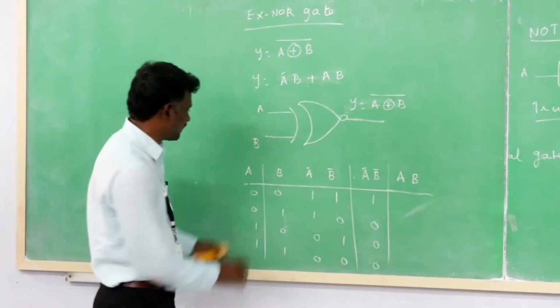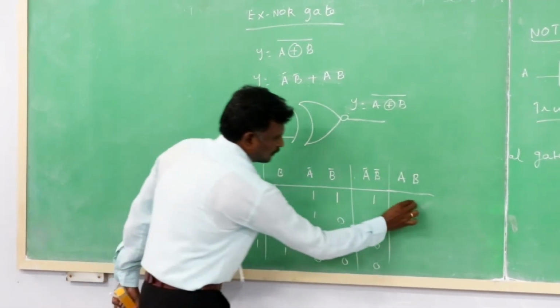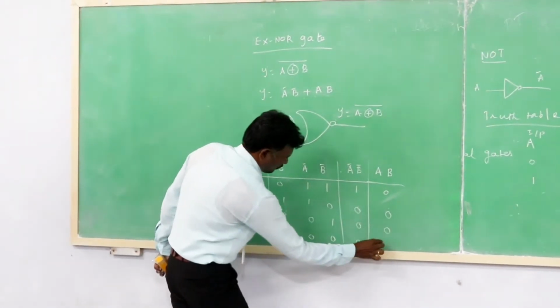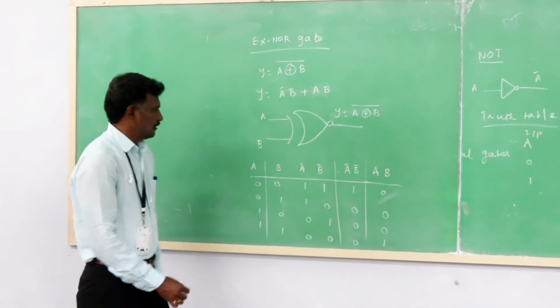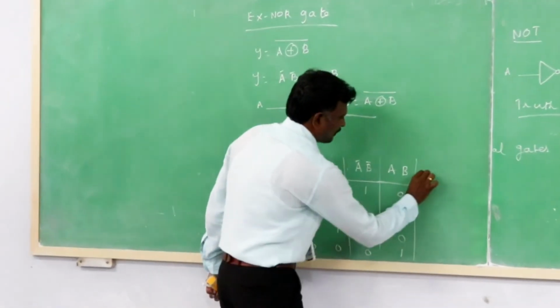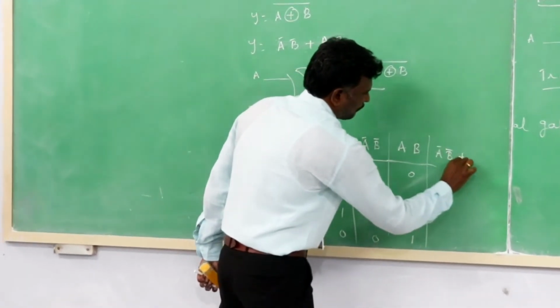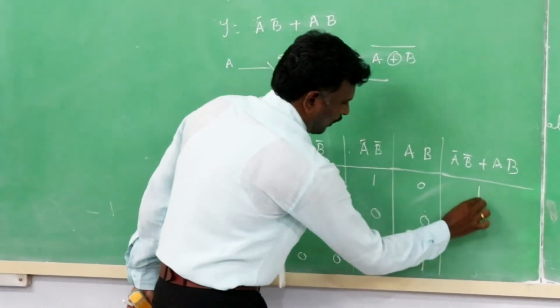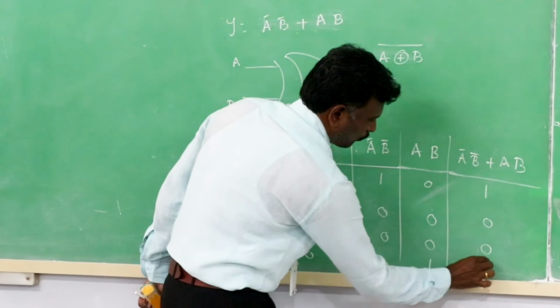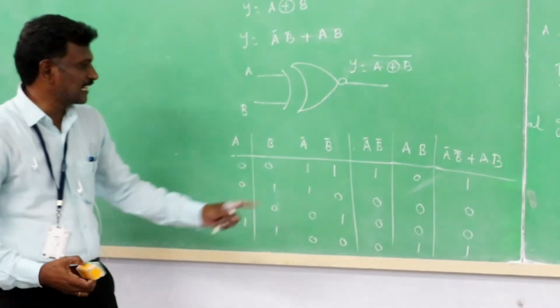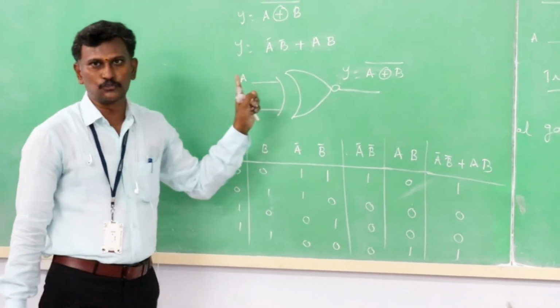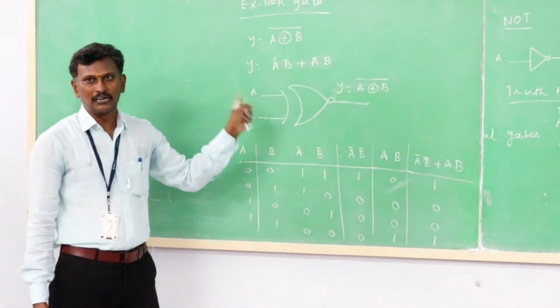A B, the multiplication of A and B, is 0 0 0 1. Adding these two, A bar B bar plus A B, gives 1 0 0 1. So it is exactly the reverse operation of the exclusive OR gate, and this is called the exclusive NOR gate.